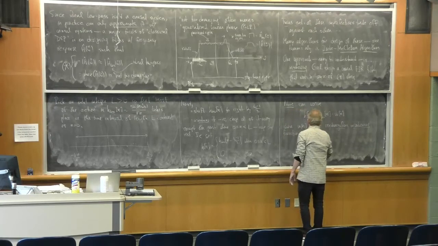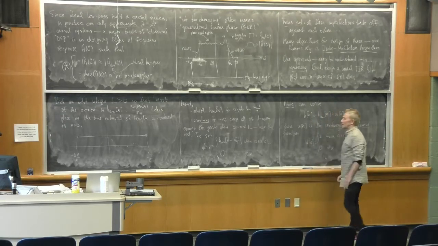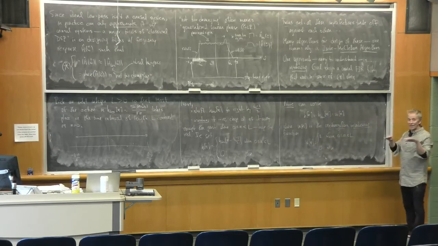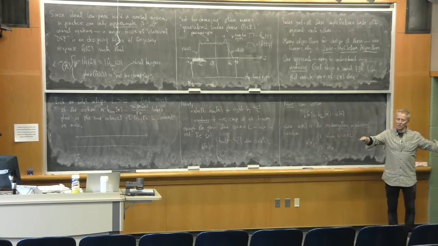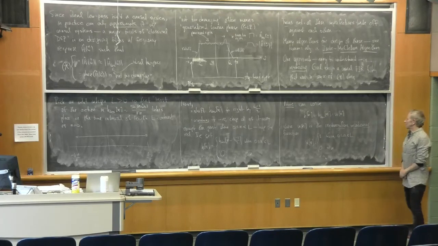W of n is equal to 1 when 0 is less than or equal to n less than L, and 0 otherwise. So it's called a rectangular window for obvious reasons. It's 0 for time less than 0, then it goes up to 1 for L time steps, and then it's 0 after that.